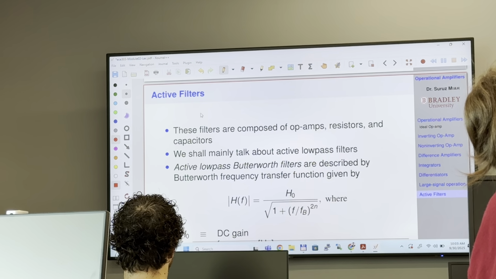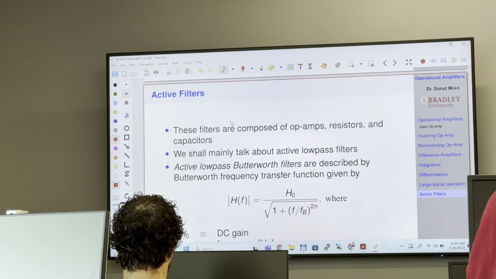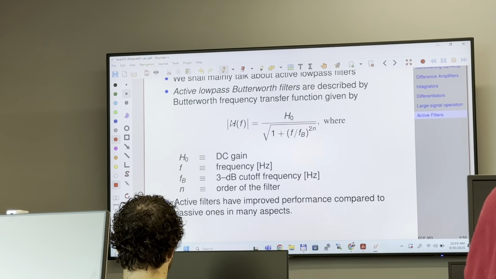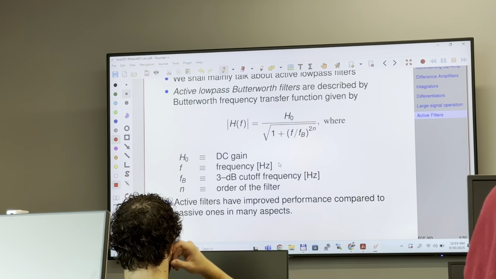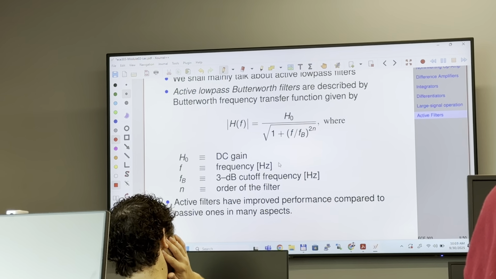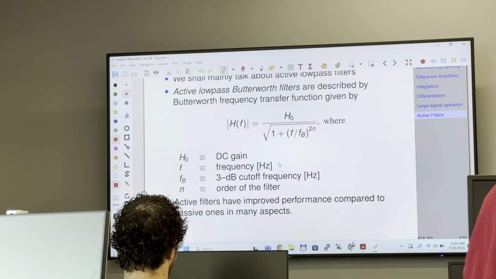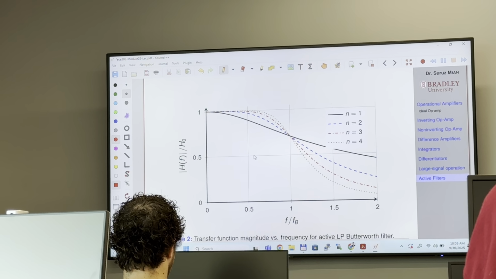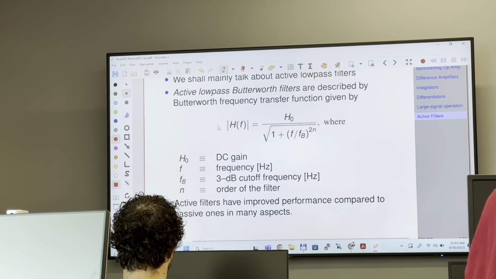The other topic is active filter. Active filter, you design filters using op-amps. This is the frequency transfer function, and this section I did not take from the book, it's my own notes. So limit this section to my notes. You see the Butterworth filter.